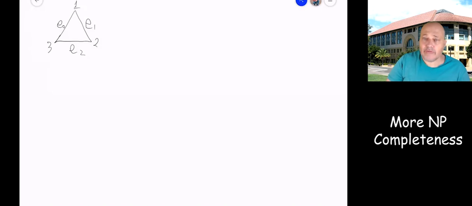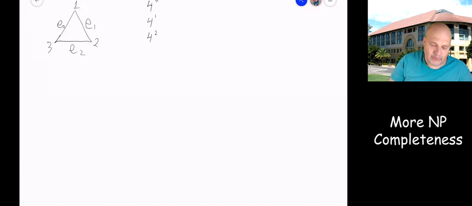We're going to have 6 numbers. We're going to have the edge numbers. So this is 4 to the 0, 4 to the 1, and 4 to the 2, because we have just this E0, E1, and E2. And in addition, we have node numbers.